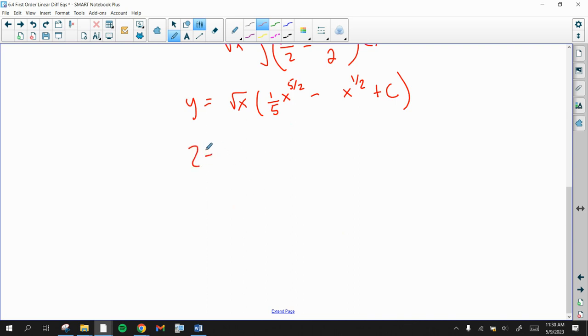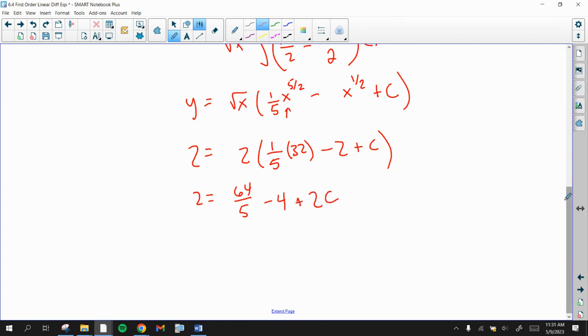So 2 equals the square root of 4 times 1 over 5 times, we're plugging in 4 here. So it's the square root of 4, which is 2. 2 to the 5th is 32. Minus, again, the square root of 4, which is 2, plus c. So we have 2 equals 64 over 5 minus 4 plus 2c.